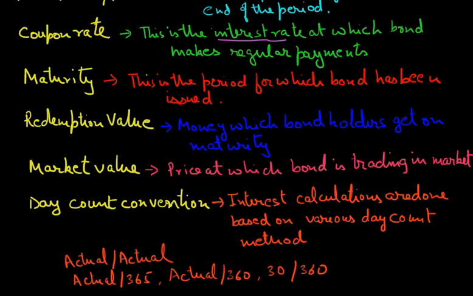Then the next is 30 by 360. In this case we assume that a month is of 30 days and the year is of 360 days. So a bond issuer can use any of these day count conventions to calculate the interest accrued on that bond.